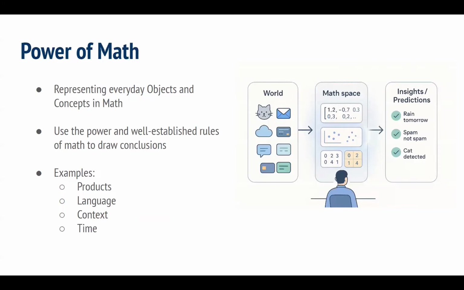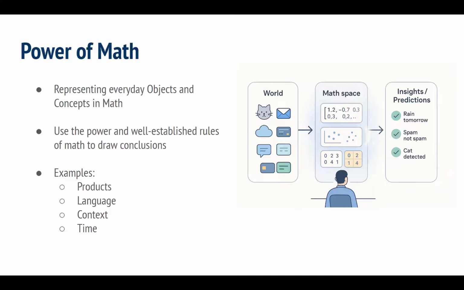To start, we mentioned earlier that once we represent daily life objects and concepts in mathematics, we can harness the full power and magic and the established rules of mathematics to draw conclusions and make predictions.